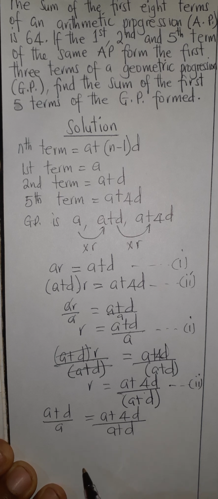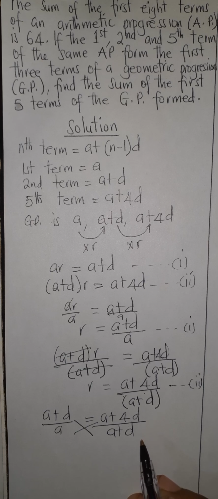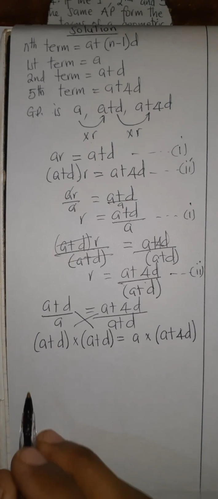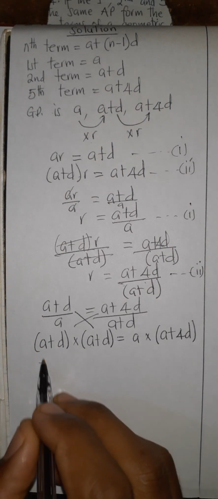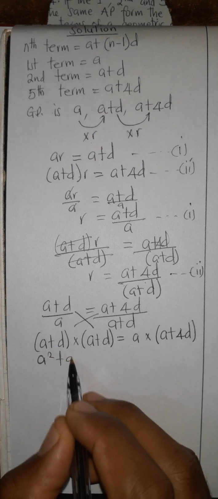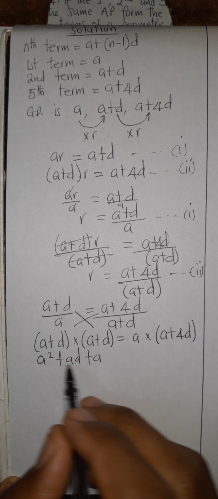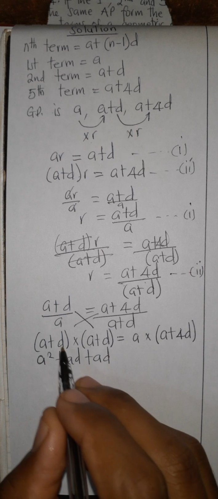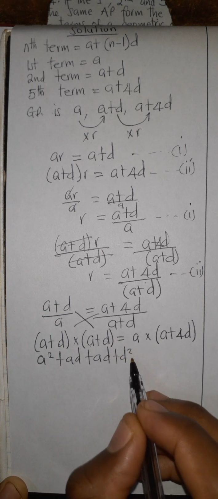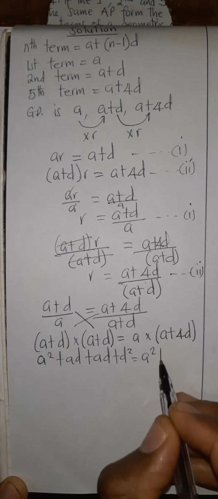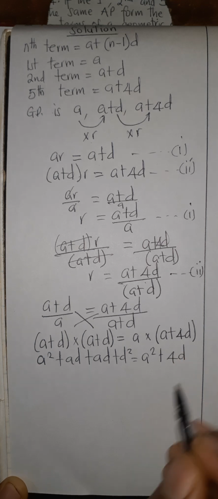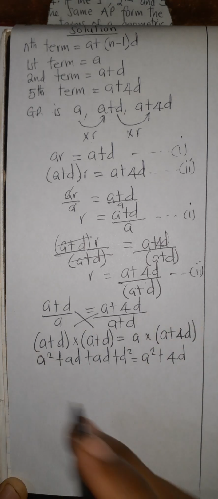Now here we can just cross multiply. Cross multiplication gives this. Then we expand: A times A is A squared, plus AD, plus AD, plus D squared, is equal to A squared plus 4AD. And then we take all these to the left hand side.